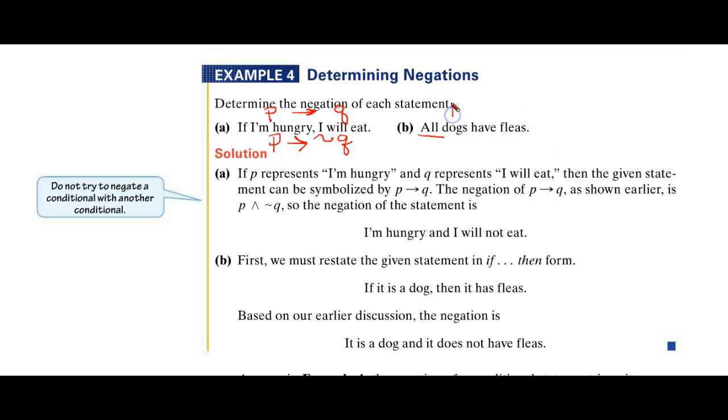So this would be P, and this would be Q in its conditional form. Now to negate Q, and they say it right here, if it is a dog, then it does not have fleas, would be the negation. And again, you're going from symbolism into something you can actually see and know about, which I think is very useful.